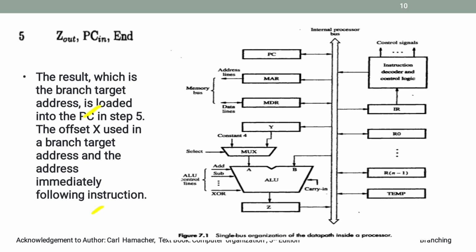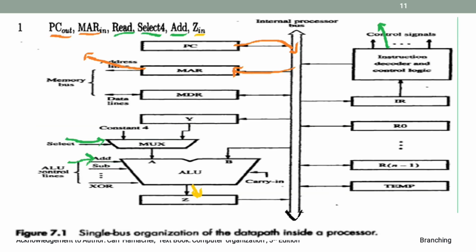But how in each step of control sequence the actions are performed, we shall see. Then only we can understand these 5 steps. Next, how the actions needed are performed in each step of control sequence one by one we shall see. PC out control signal.